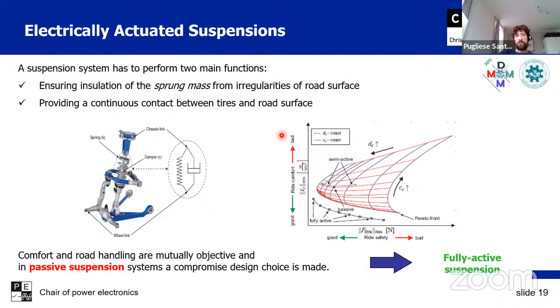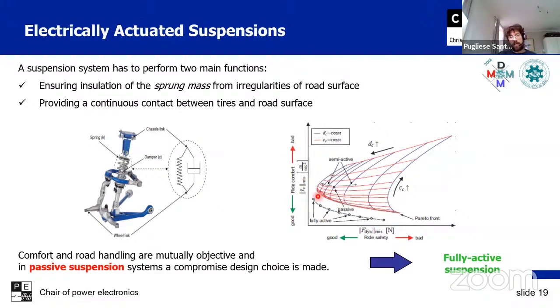When we move to an active suspension system, which means that apart from the damper and the spring we use an electrically actuated external force, we can decouple these two designs, these two objectives, and try to obtain a function which minimizes both of them.